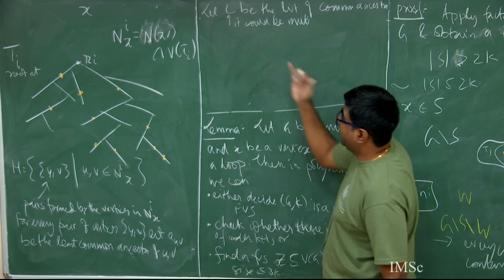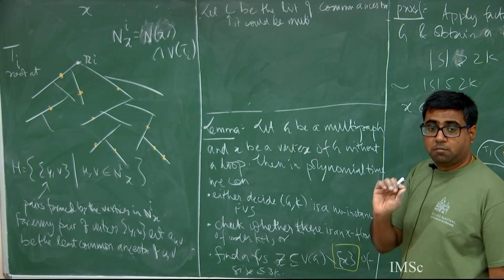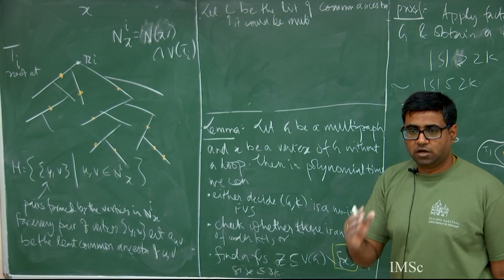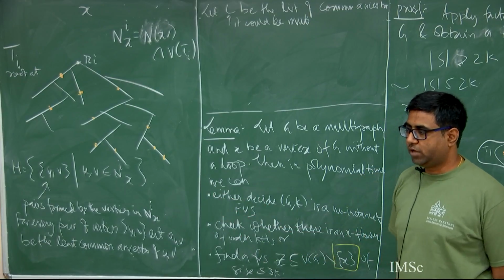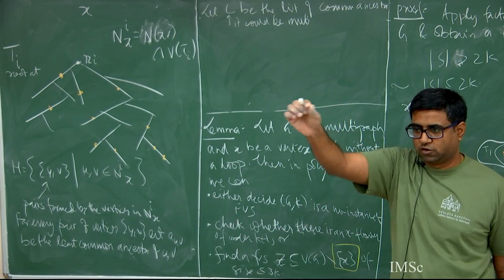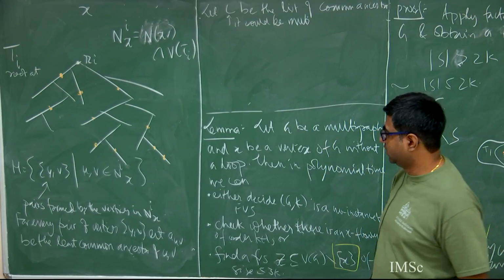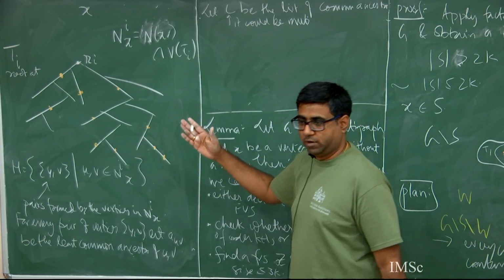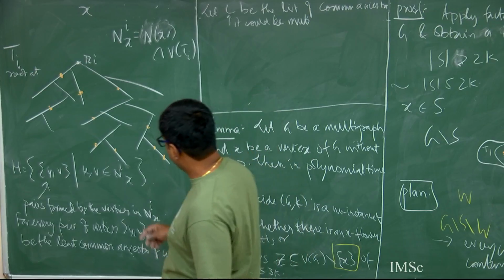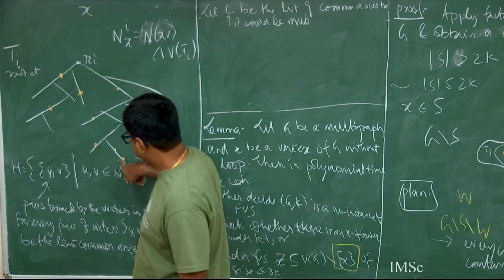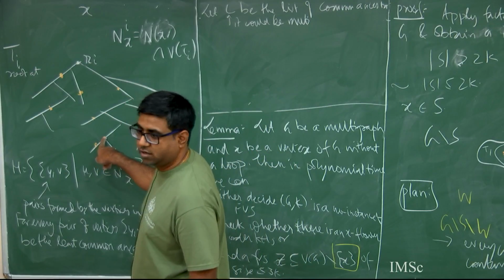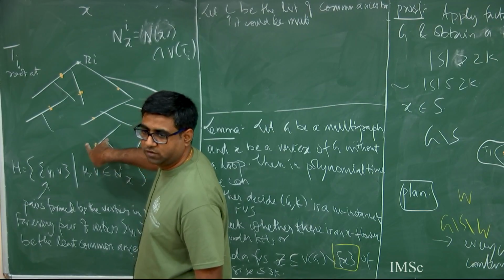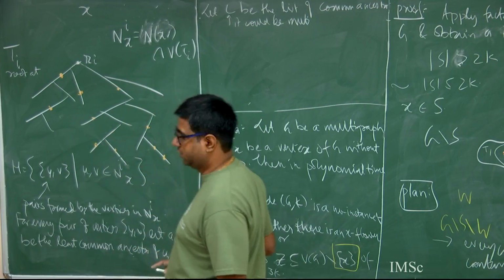So L is a list of common ancestors where multiplicity is allowed. A vertex can repeat. It just says that for this pair this is your least common ancestor, and for this pair this is your least common ancestor, and it can happen all over the place. For example, if I had another vertex here, then for these two guys this is the least common ancestor. It could be anything.